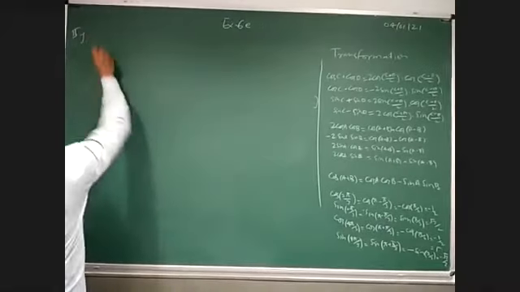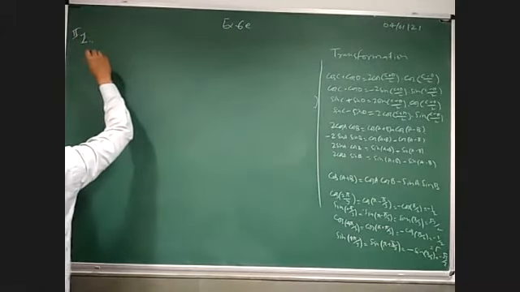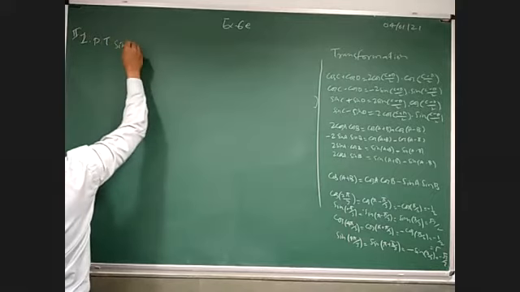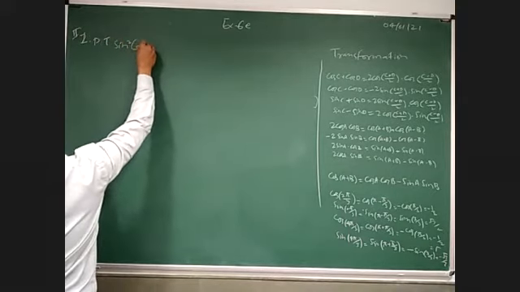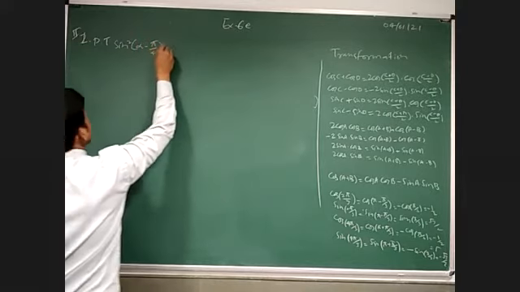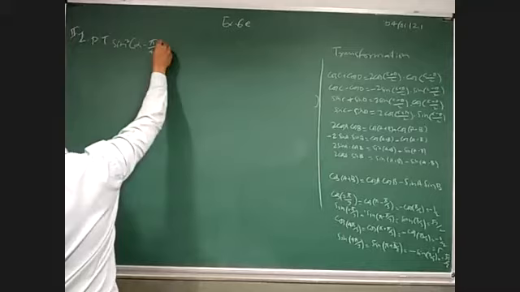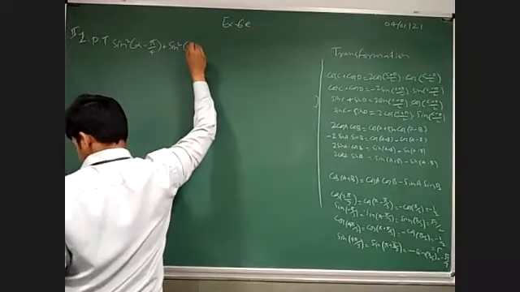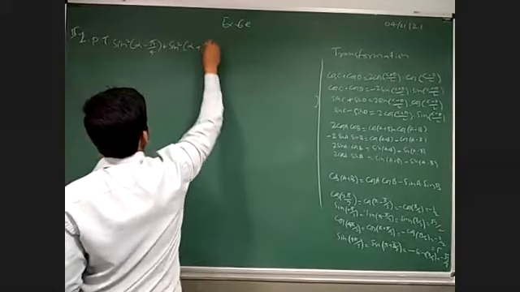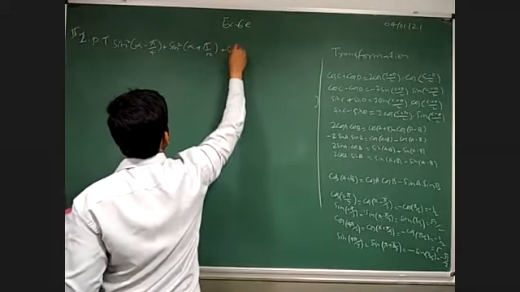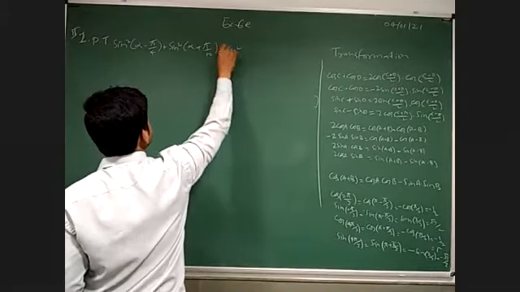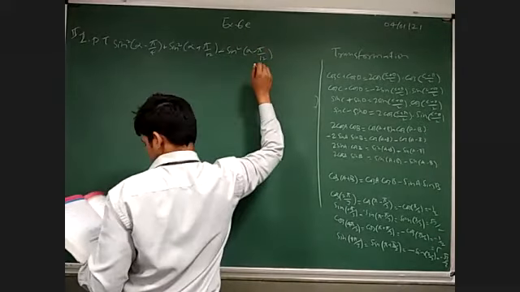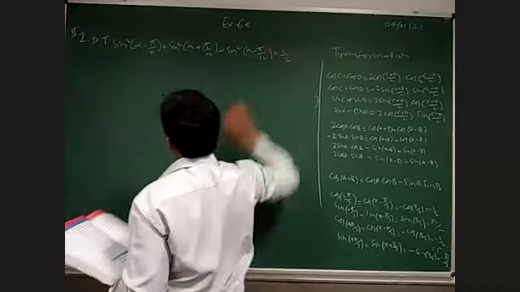Question number 2: prove that sin²(α − π/4) + sin²(α + π/12) − sin²(α − π/12) = 1/2.